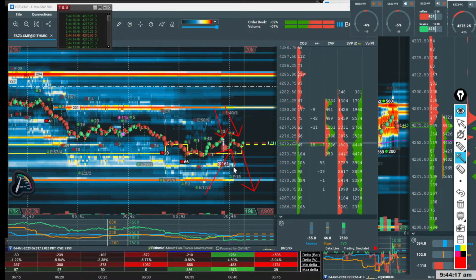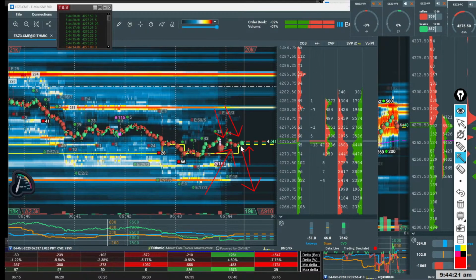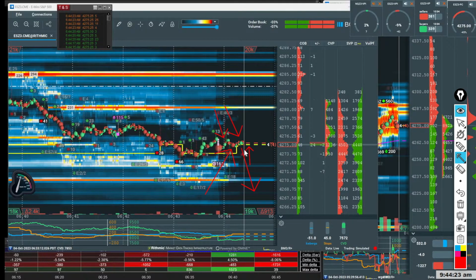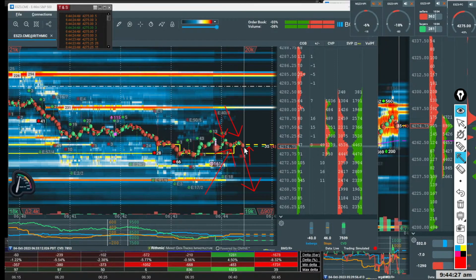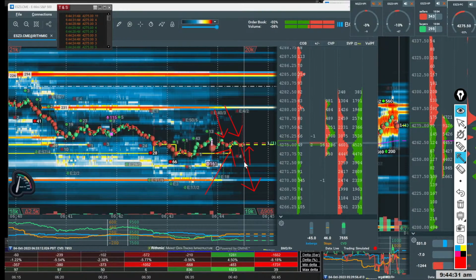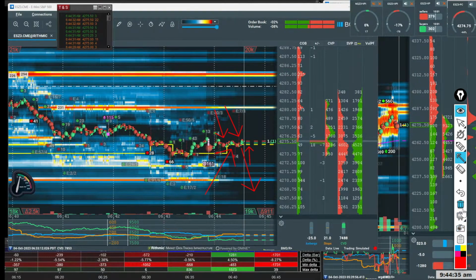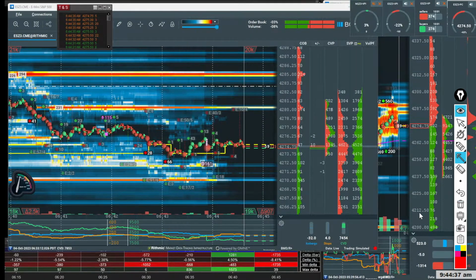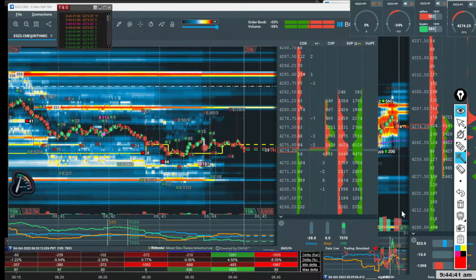All right, the developing POC moved up on price. So for the trade to keep working, we have to lose the developing POC. All right, sellers got to step in here and push down. Let's see if that's going to happen.